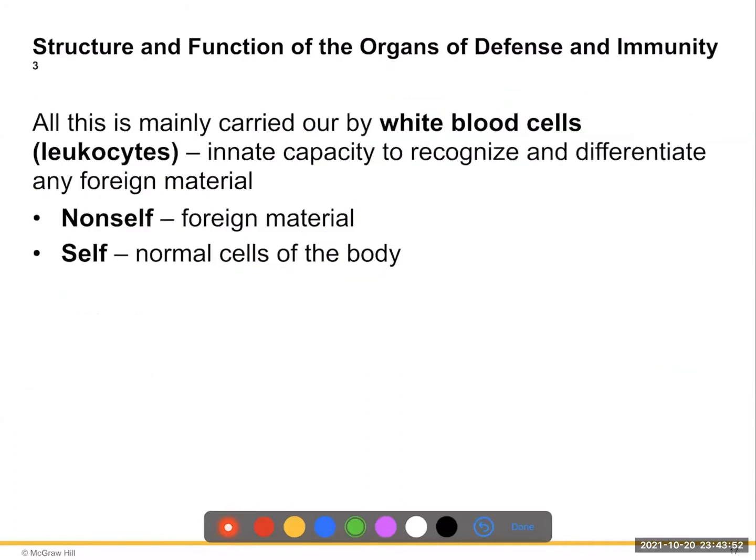So all this is being carried out by your white blood cells. That's your immune system, your white blood cells. Your red blood cells are concerned with the exchange of oxygen to keep your body metabolizing. White blood cells are for your immune system. Leukocytes are your white blood cells, with the innate capacity to recognize and differentiate any foreign material, non-self and self.